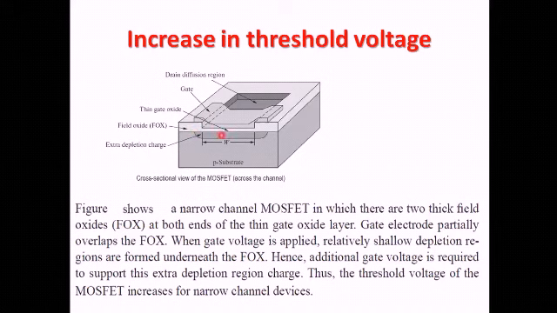You can see these are the extra depletion charges. So this increases the threshold voltage of the MOSFET for narrow channel devices. I hope this narrow channel effect, that is, the increase in the threshold voltage, is clear to all of you. Now let us move to the next slide.